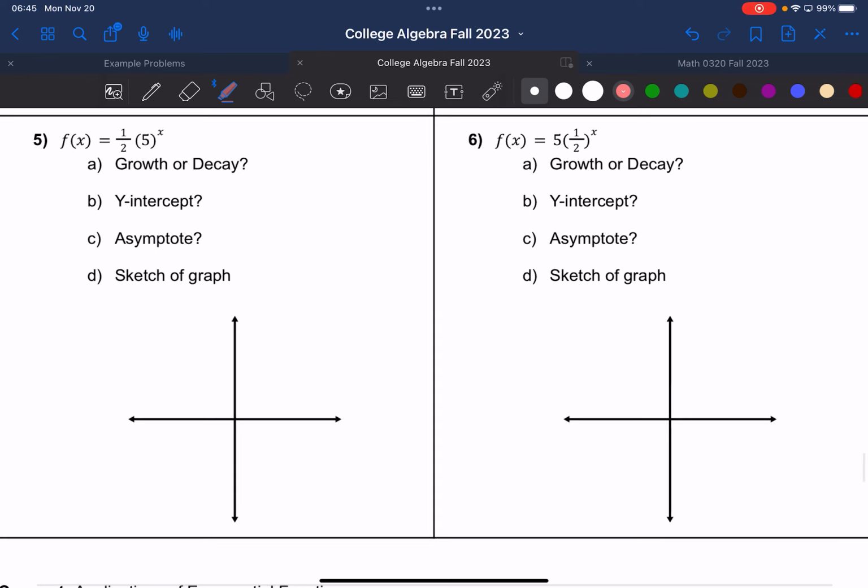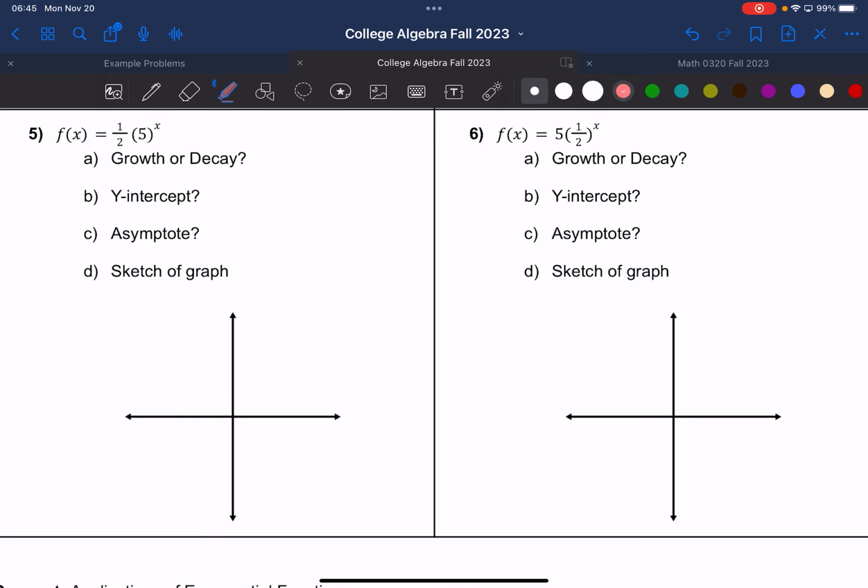Okay, go ahead and take a moment and try 5 and 6. You're answering those same questions, and then you're sketching your graph, and then we'll go over them.